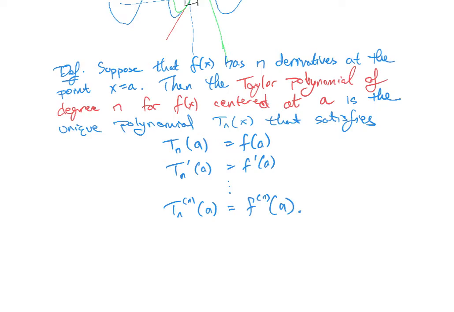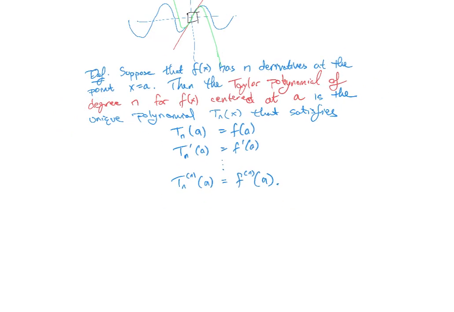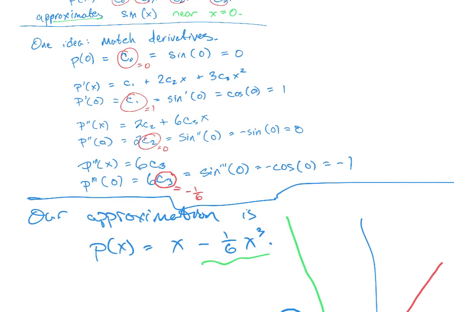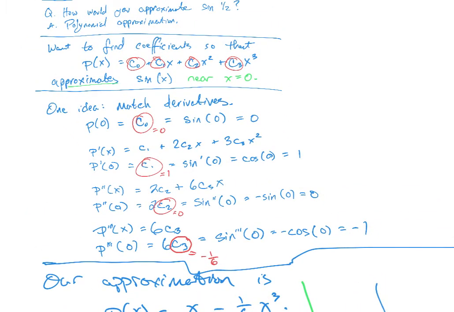Okay. Now, if you go back to our example, you can see we can find one of these just by putting in the coefficients, taking derivatives and solving for them. But there's a pattern that's always going to happen. If you look at C3 here, over here we had the third derivative of sine.